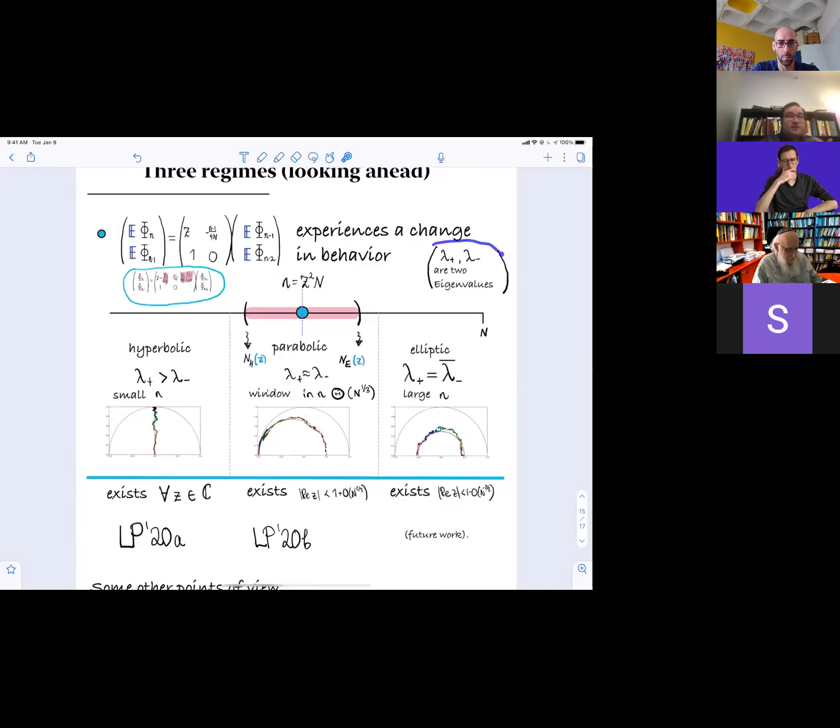And that greatly affects how the perturbed equation looks. So in the regime where you have two real eigenvalues and one bigger than the other, it's sort of a scalar recurrence.